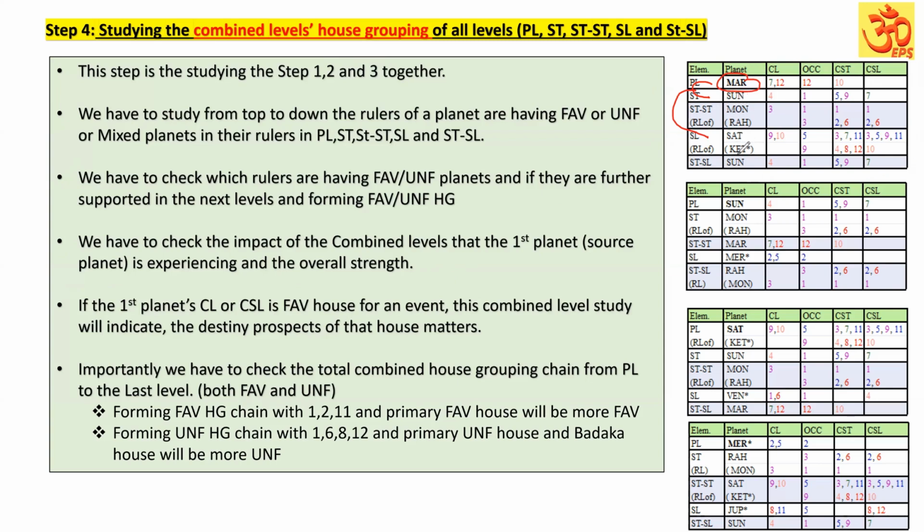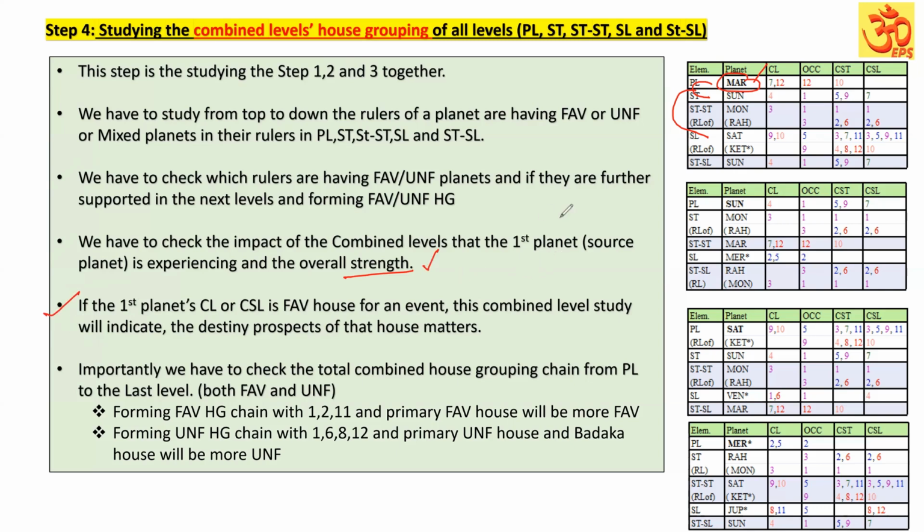What they are going to give to the planet Mars, that we have to check. This is the source planet, because that planet only we are studying. We check what significations it has in itself, whether they are further supported by the Starlord and Sublord, what sort of house grouping they form, and also the overall strength.